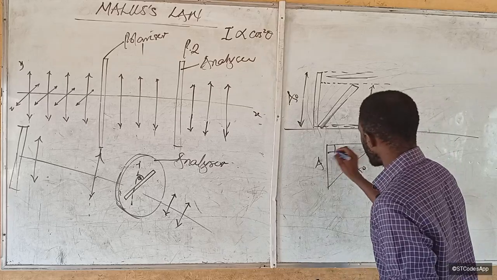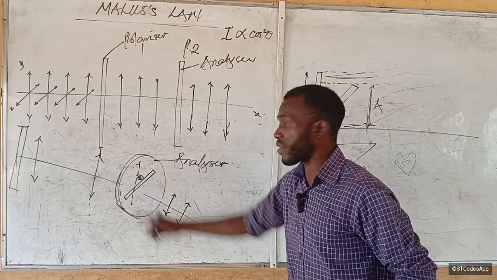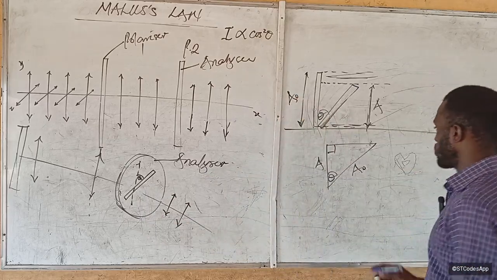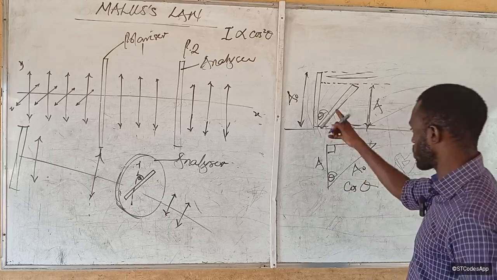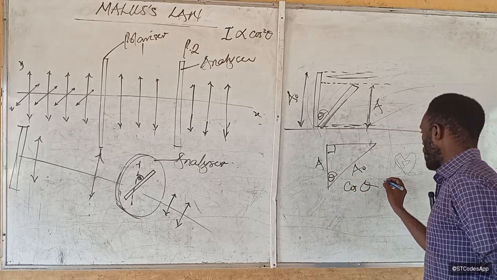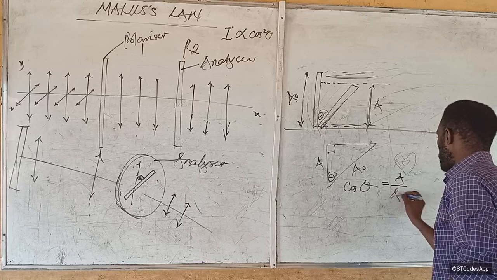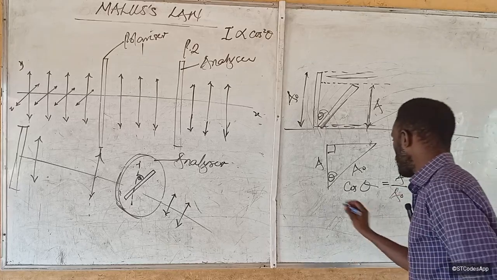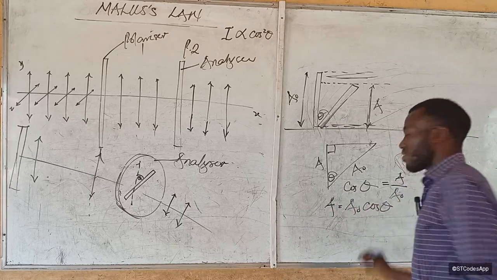So if this is 90 degrees and our angle theta is the angle by which we rotated, then the cosine of theta, because this is the hypotenuse and this is the adjacent, is going to be adjacent A over hypotenuse A0. If this be the case, then A will be equal to A0 cosine theta.